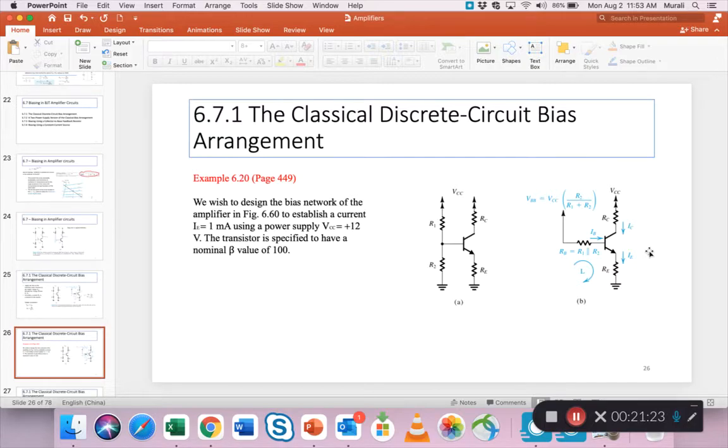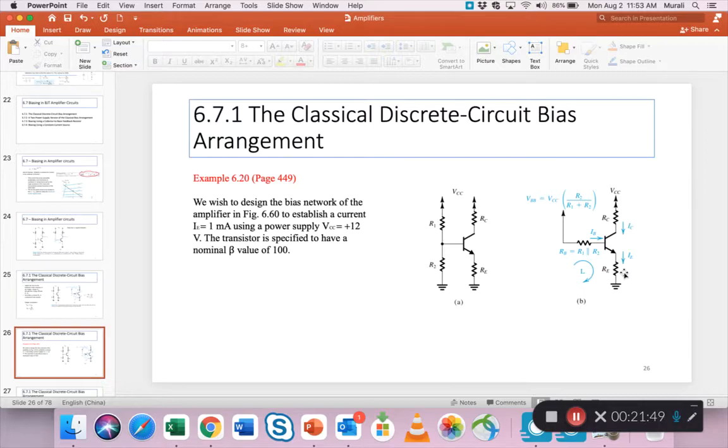Okay, so based on having established the voltage at the emitter to be about 3.3 volts, and knowing that the current should be 1 milliamp, he shows you that you first calculate the value of this RE using Ohm's law as 3.3 kilo ohms.